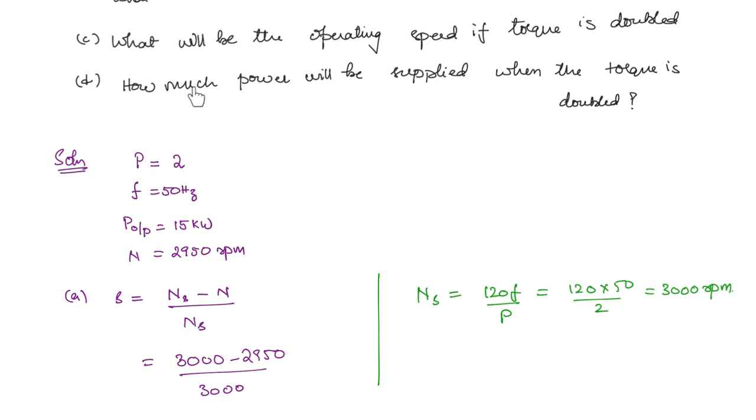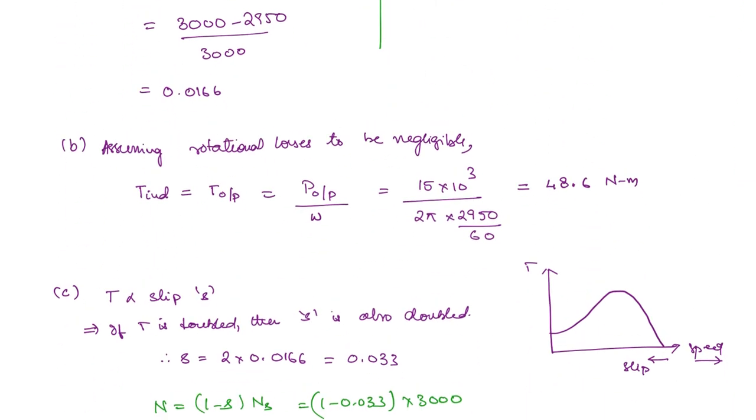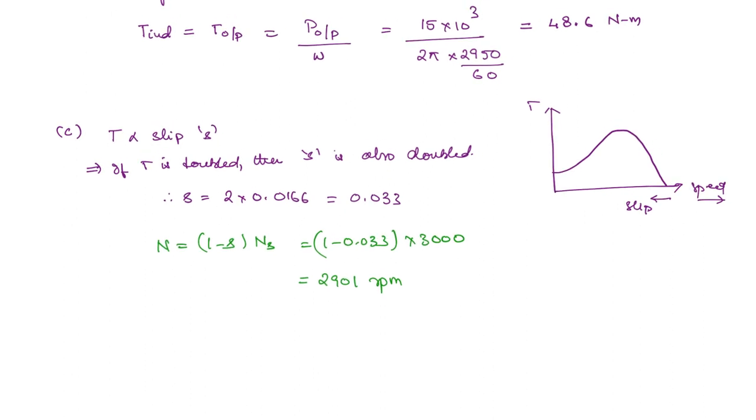Next, what about the last question? We have, how much power will be supplied when the torque is doubled. Okay. So how to find out the power from the torque? We know power is equal to the torque into the speed in radian per second. So now we know the torque, it is doubled, that means 48.6 into 2, into the speed, 2 pi n by 60.